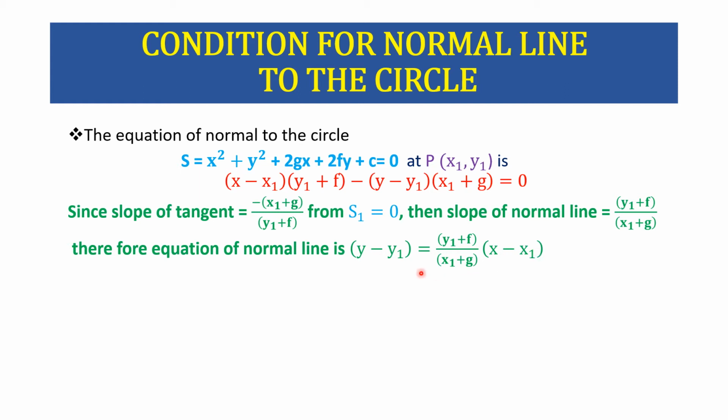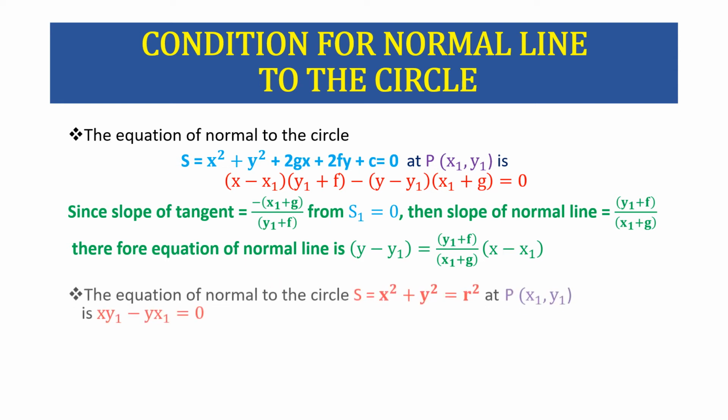Here multiply with x1 plus g on both sides, that is y minus y1 into x1 plus g equal to, here x1 plus g by x1 plus g cancelled, y1 plus f into x minus x1. Therefore the normal line is x minus x1 into y1 plus f minus y minus y1 into x1 plus g equal to 0. So this is the equation of normal to the given circle S equal 0 at P of x1 y1.